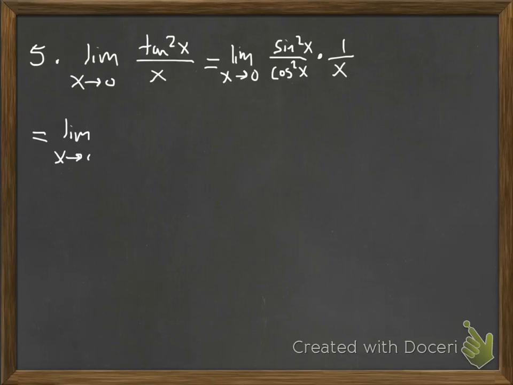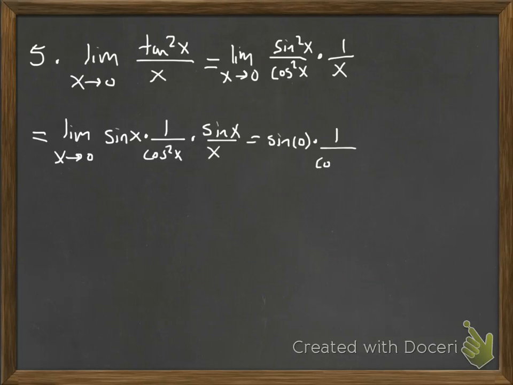So limit as x goes to 0, and we have sine x over x times sine x times 1 over cosine squared x. I know what both of those limits are. I can plug in 0 and have no problems. And now with the sine x over x, I know what that limit is.